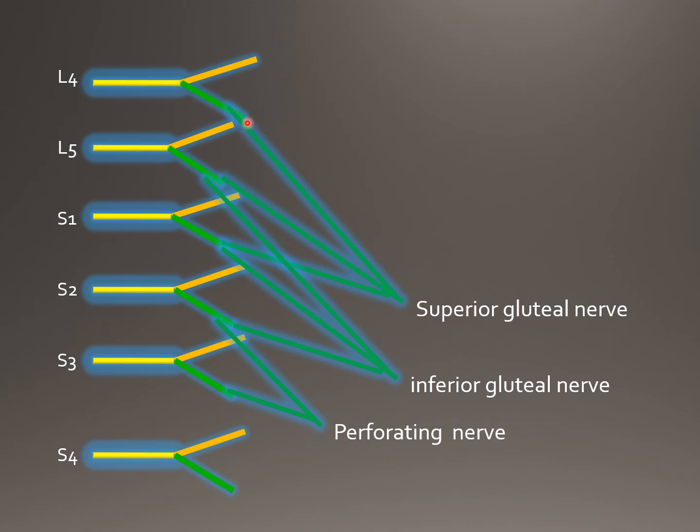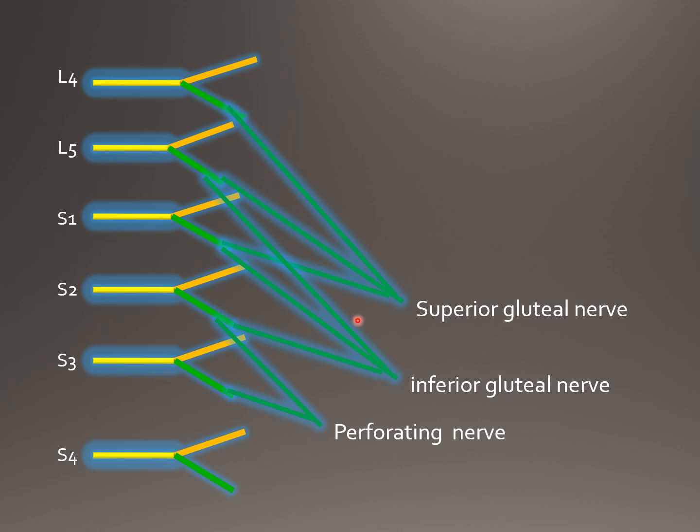From the dorsal branch of ventral rami of L4, L5 and S1 gives rise to superior gluteal nerve. This superior gluteal nerve arises at the upper border of the piriformis muscle and it is going to supply the gluteus medius, gluteus minimus and tensor fasciae latae.